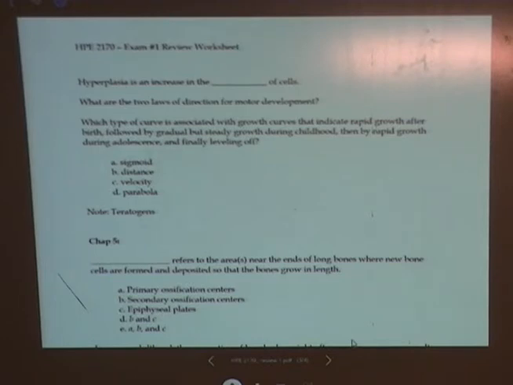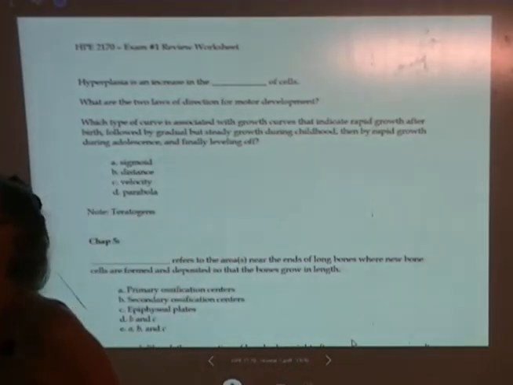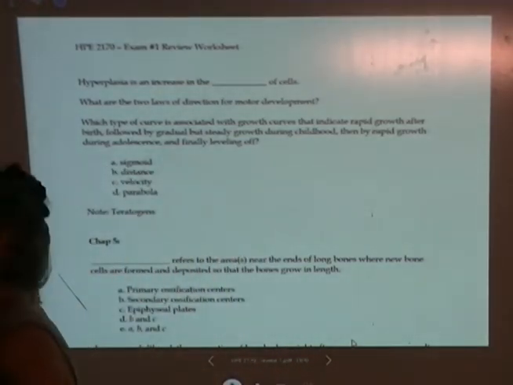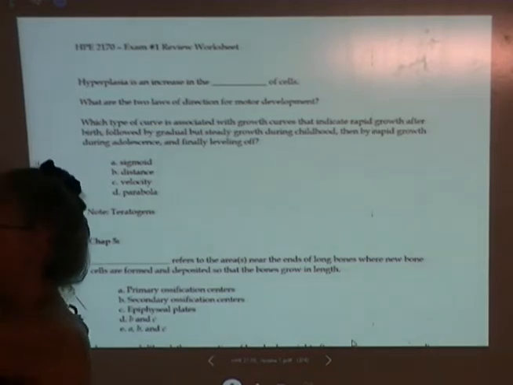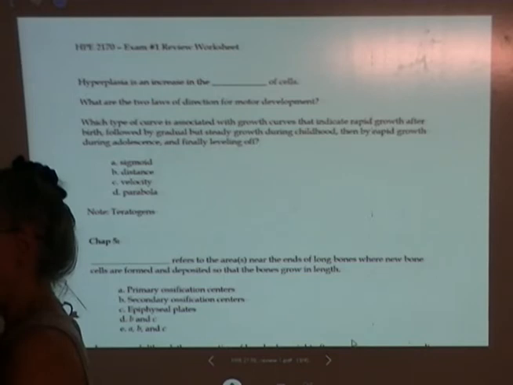I win one. Okay, so law number one is cephalocaudal. All right, you don't have to remember that word unless it's easy for you. It means head to feet, right? Top to bottom.